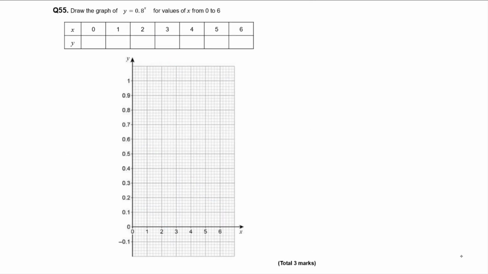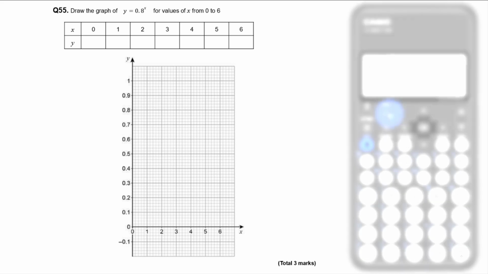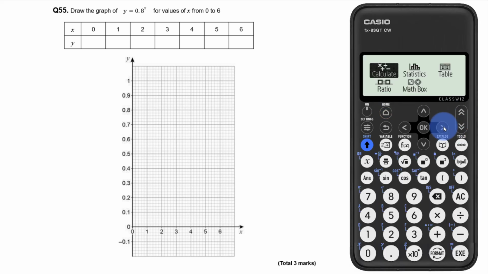Question 55, draw the graph of y equals 0.8 to the power of x for values of x from 0 to 6. So I'm going to use the table function again in my calculator. So go into the home key and select the table function. Next I'm going to type in the range. So tap on tools and go to table range.